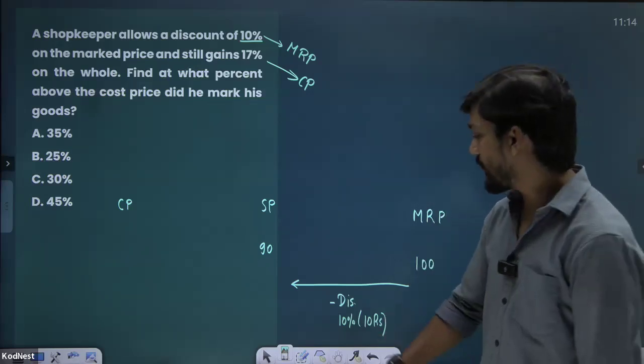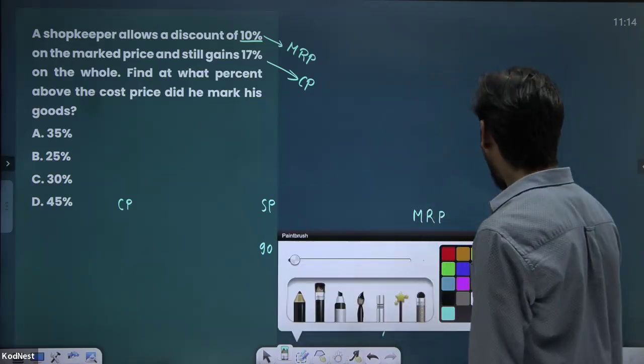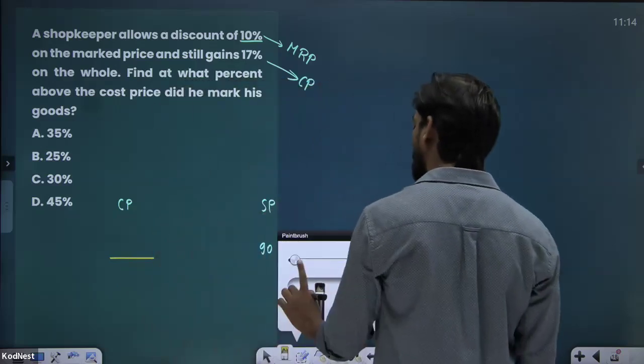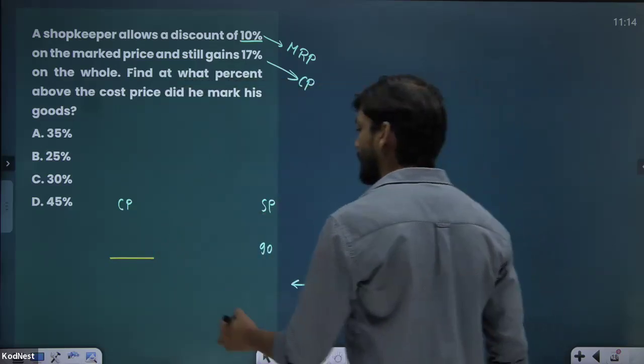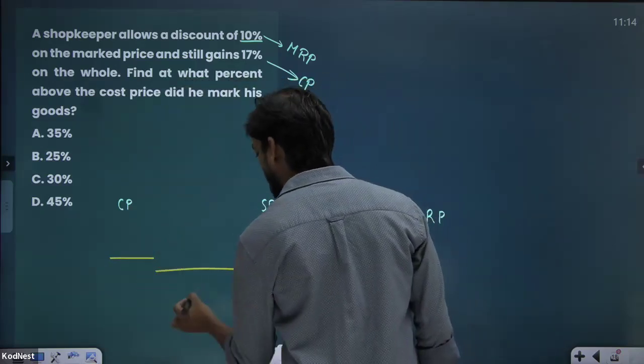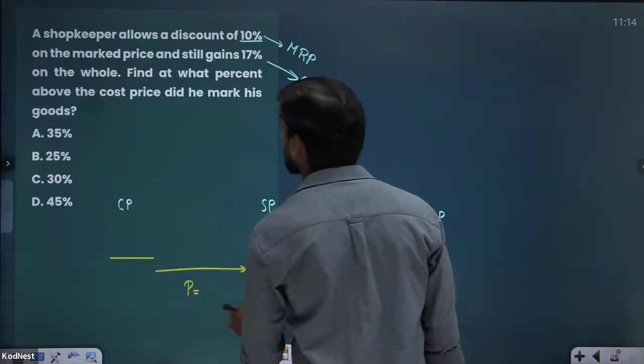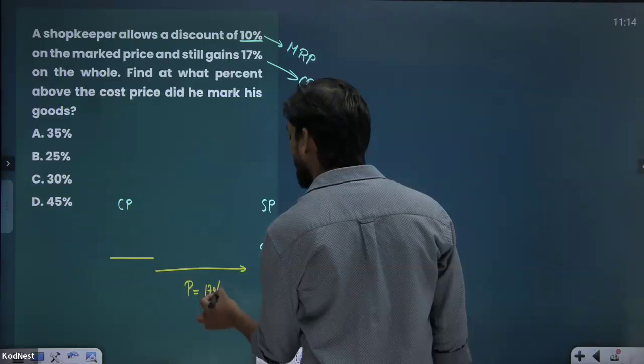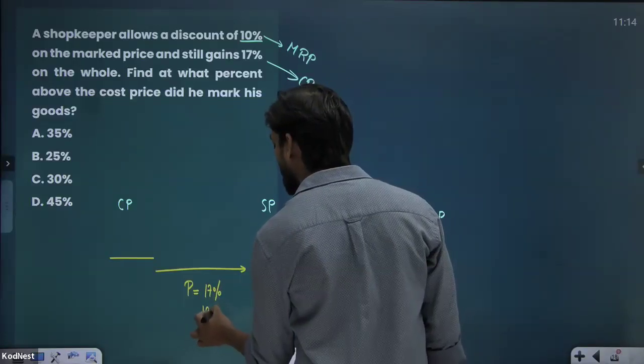All right, now carefully see once. Cost price, I don't know. Okay, there is a profit of 17%. So will you say 17 rupees profit?